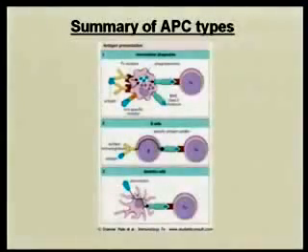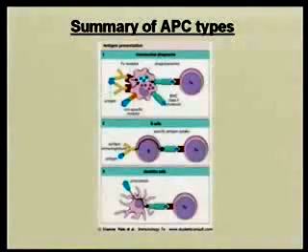So this is a summary of the three different primary APC types. You have the mononuclear phagocytes, which are typically your macrophage. They can ingest different pathogens in a number of different ways.